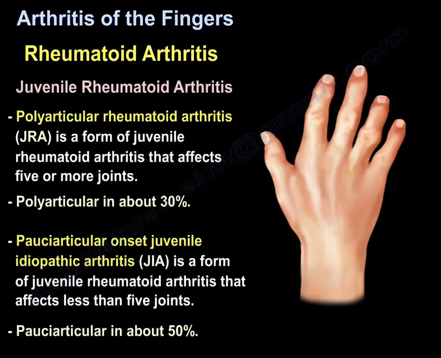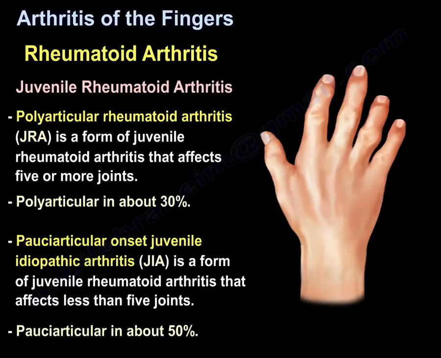In juvenile rheumatoid arthritis, the polyarticular type is a form that affects 5 or more joints. It's polyarticular in about 30%. Pauciarticular onset juvenile arthritis is a form of juvenile rheumatoid arthritis that affects less than 5 joints.